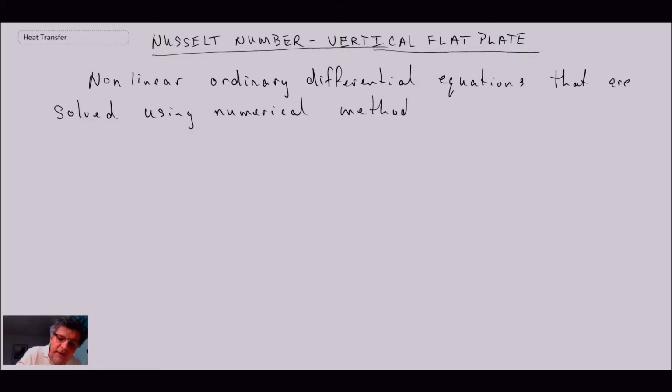Those equations would be solved using numerical methods. Within the equations, the solutions would be related to the Grashof number.